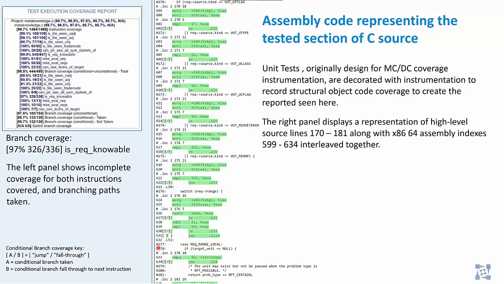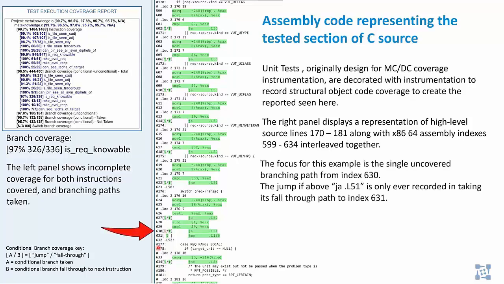If we look at the cumulative results for the run of the MCDC test with parameterizations, we can see that our branch coverage is 97%, 326 out of 336 for the function isRecknowable. Within this screenshot, we do have a single deficiency that we'll be covering now.